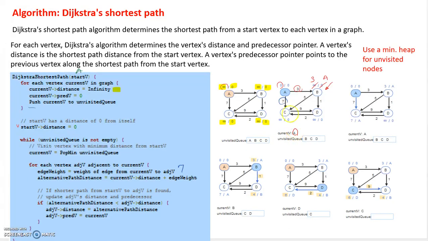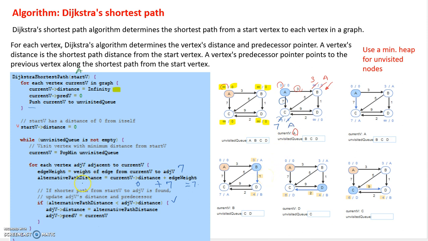The current vertex is A, distance is 0, plus edge weight of 7, which is 7. Is this new distance 7 less than the distance of C, which was infinity? Yes, that's the case. So you update the distance of C to this alternative value, which will be 7, and also update the predecessor node to A in this case.